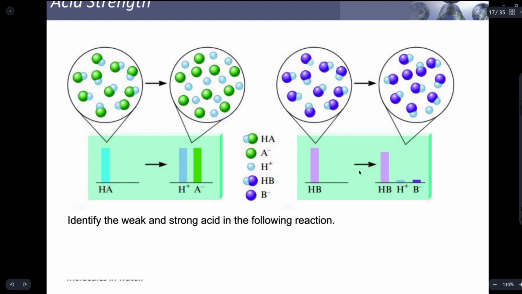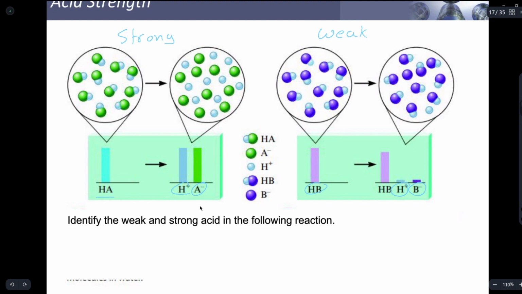So just by simply looking at it, we can tell that HA dissolves completely into H plus and A minus, while HB, only a small portion of it dissolves into H plus and B minus. So we can instantly tell that HA is a strong acid, while HB is a weak acid.